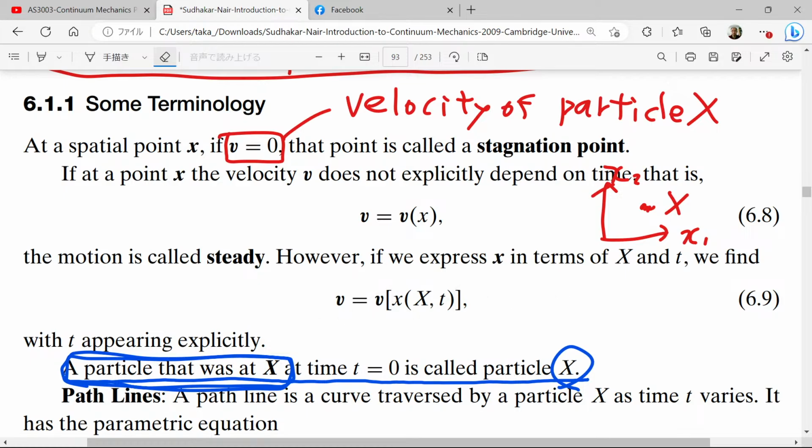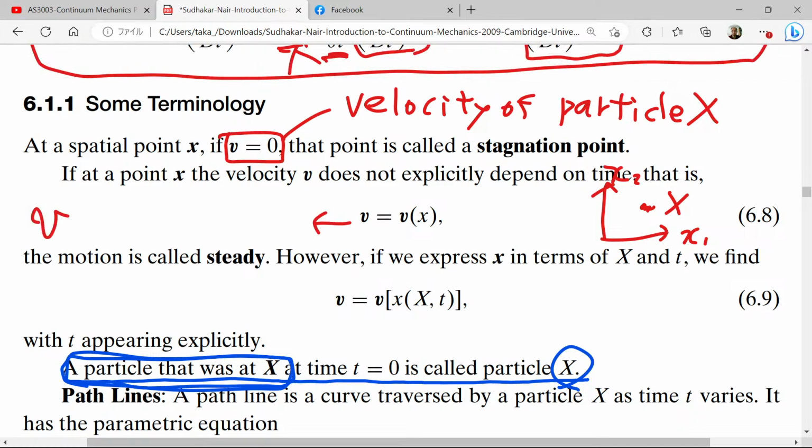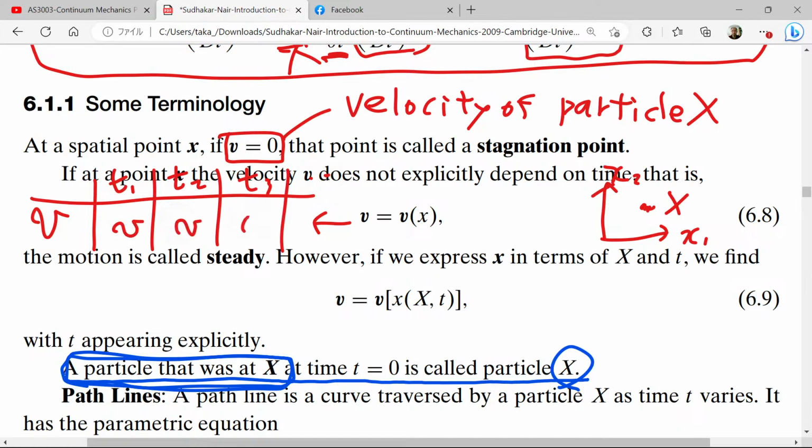So here it means like v, you have time, like t1, t2, t3, and so on. And v is the same. Okay.